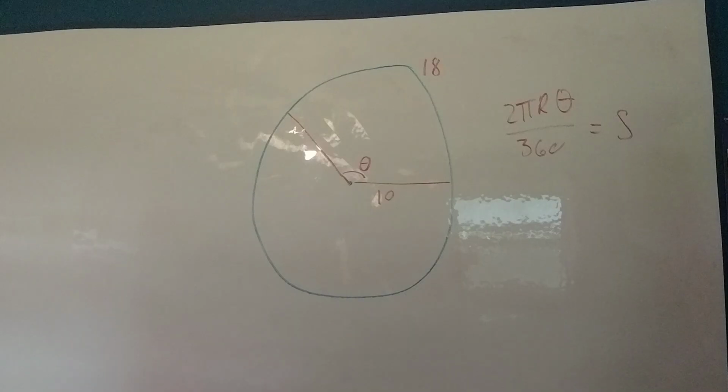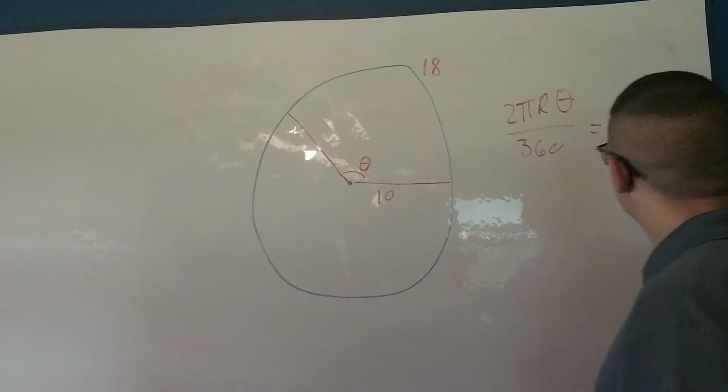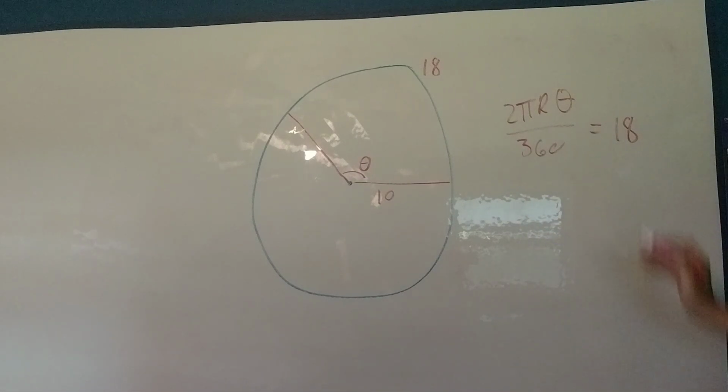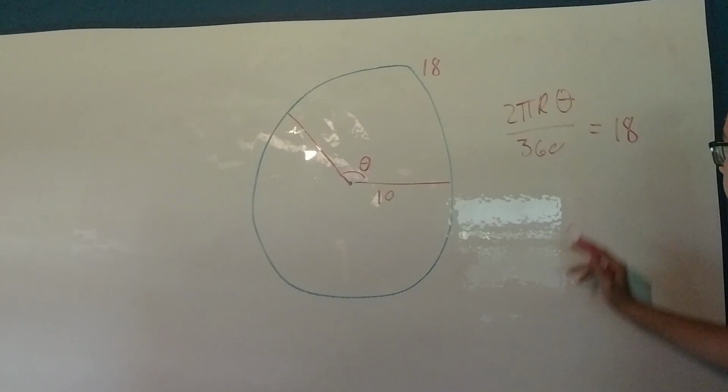So if we just plug in 18 for S, and then we isolate theta, we can solve for theta, or for our angle, right?